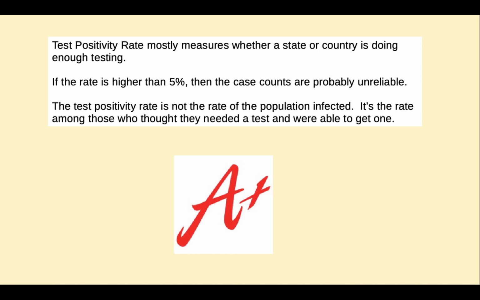But it's not the rate of the population infected. It's very dependent on how many tests you do. So it shouldn't be used as a descriptor of how bad the epidemic is. It's a descriptor of, are you doing enough tests? And Connecticut is. Connecticut's doing great in giving tests.